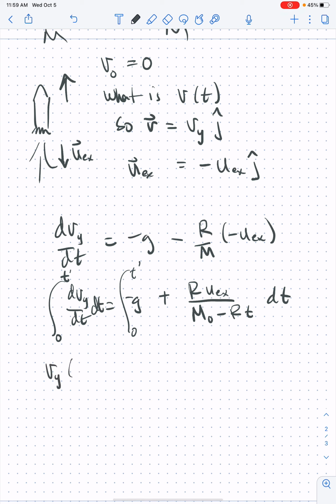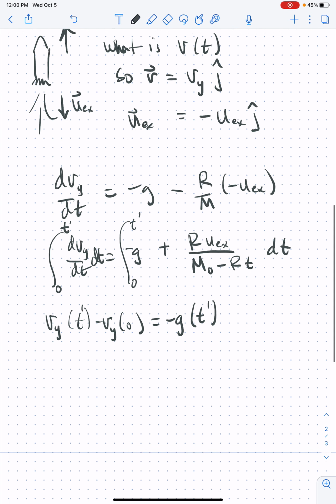So Vy of t minus Vy of 0 is the integral of negative g dt prime. And then this second integral is a little harder, so let's do this one separately. So r, I'll pull out the r ux actually, r ux times the integral of 1 over m naught minus rt dt.